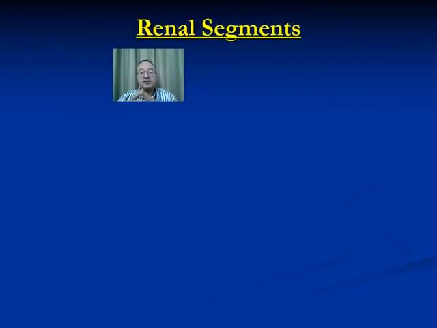Oh, now we have reached what's called renal segments. We heard about it before in the lung, we will talk about it in the liver. Today we will study it in relation to the kidney. I have two questions here. What is the guide or what determines the renal segments? Number two, why do we study renal segments? I'll answer the first one.